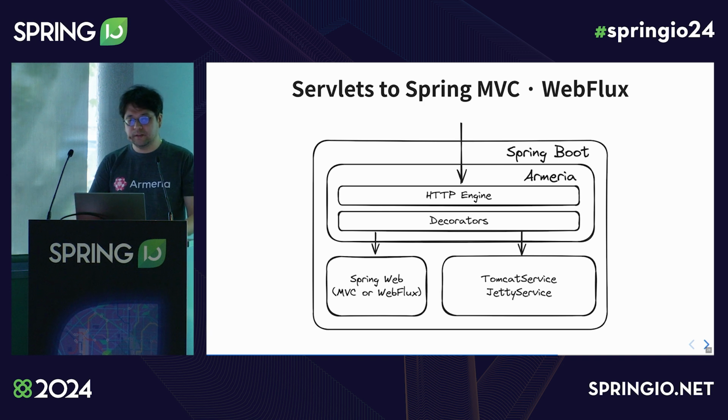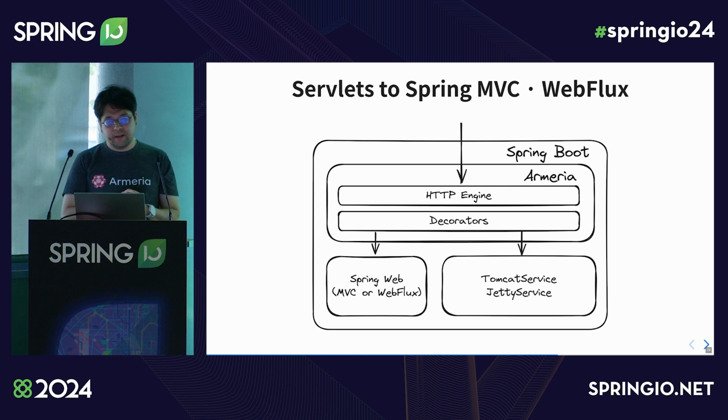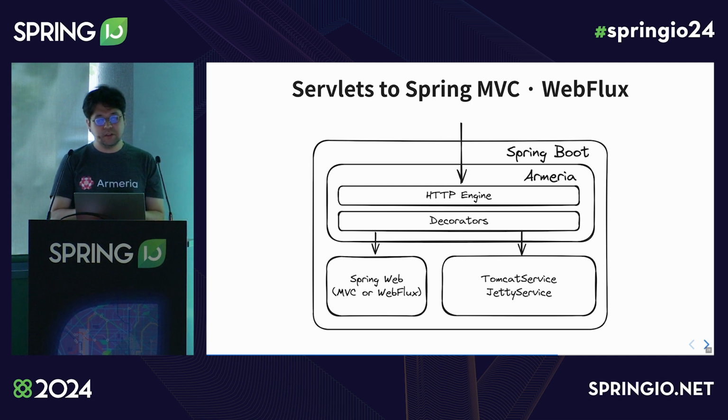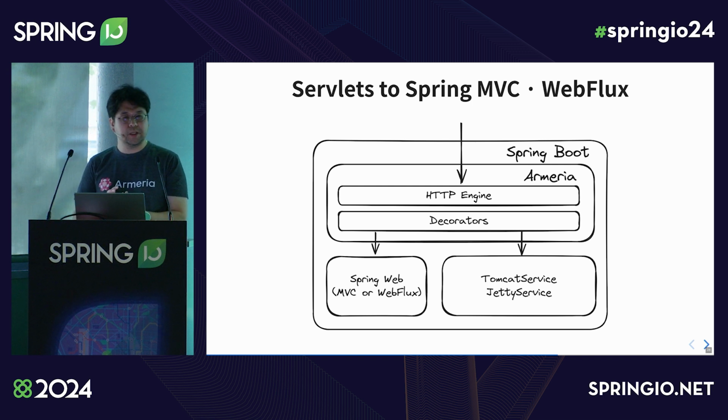Okay, and the second scenario is servlets to Spring Web. So if you have some legacy servlets and you want to migrate to Spring MVC or WebFlux, you can simply add a Tomcat service or a Jetty service to Armeria server to run the legacy servlets alongside your Spring Web application.